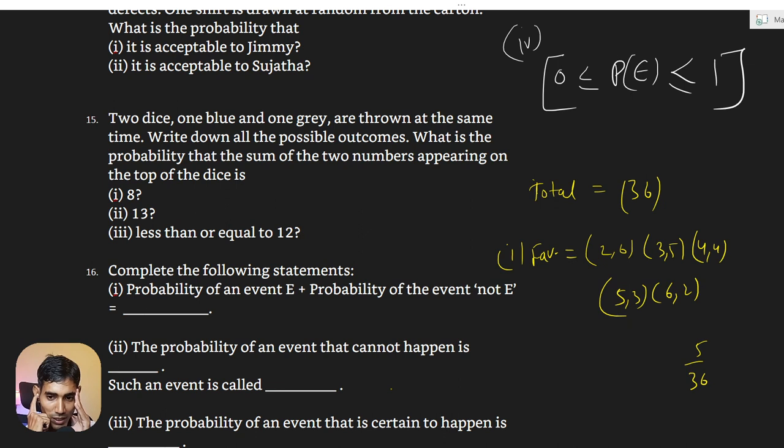Okay, less than 13. Probability of the sum less than 13. What's the probability? Anyone? 1. Okay, because all numbers would eventually be either 12, 11, whatever it is.